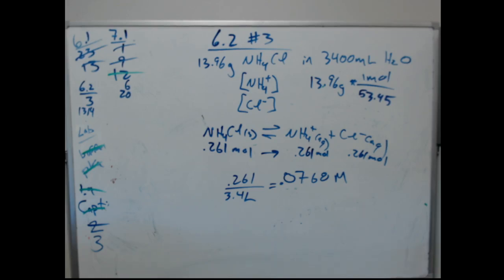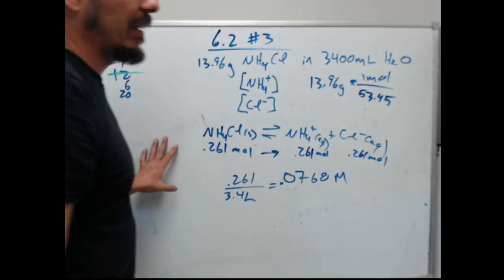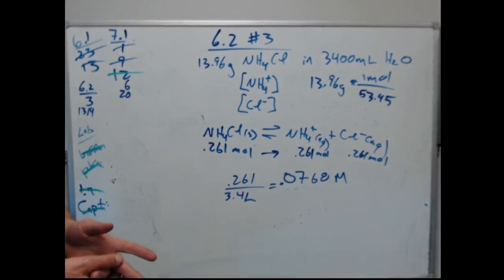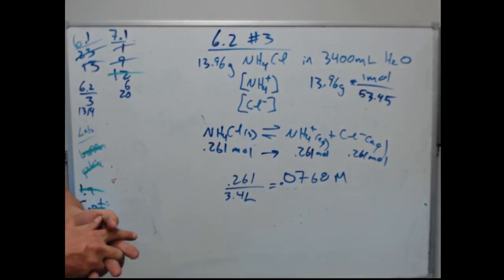Let me check something real quick. Okay, so you got a fortunate one because we got a nice 1-to-1 mole ratio. This problem is randomized where there's a lot of different options.